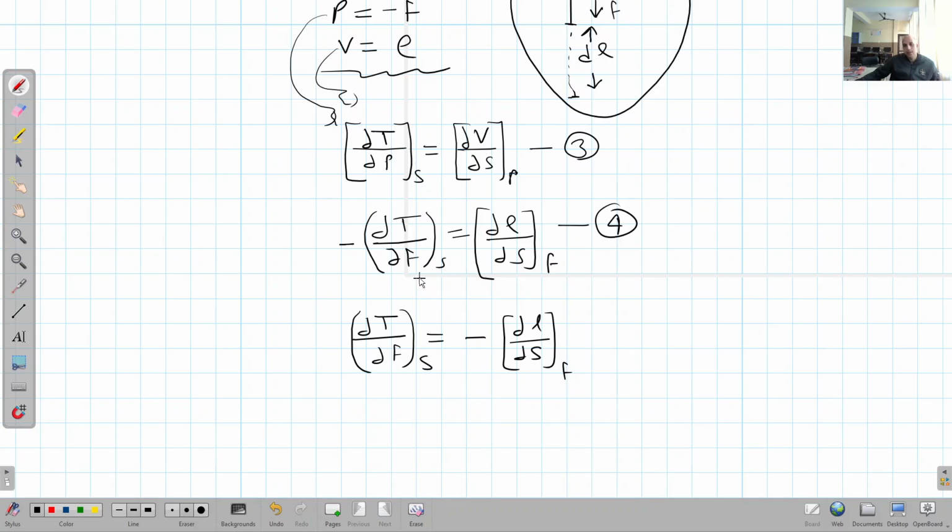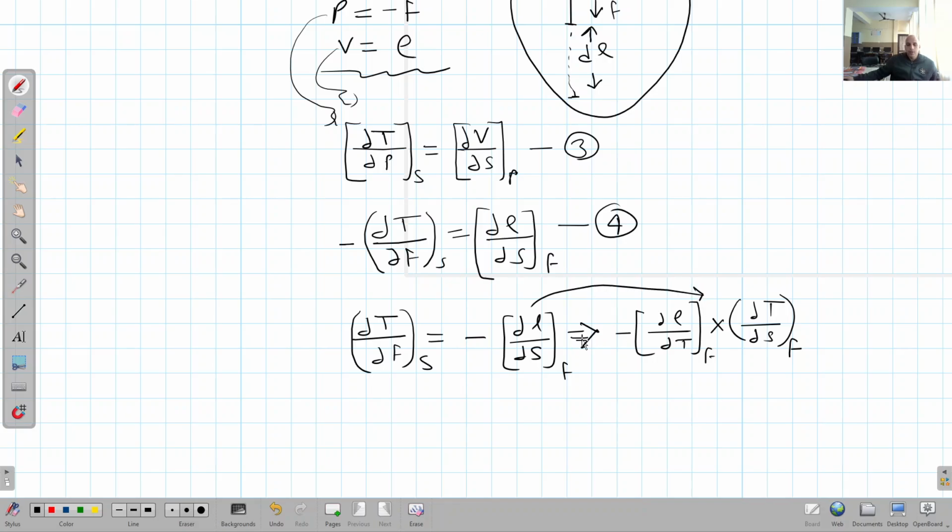Clear? I took the negative toward this side. Even then, I can replace this with minus (∂L/∂T)_F into (∂T/∂S)_F. Clear? There is nothing wrong in it.